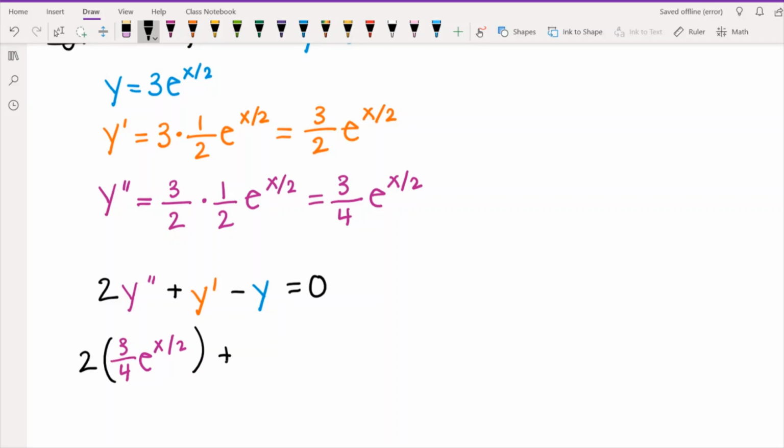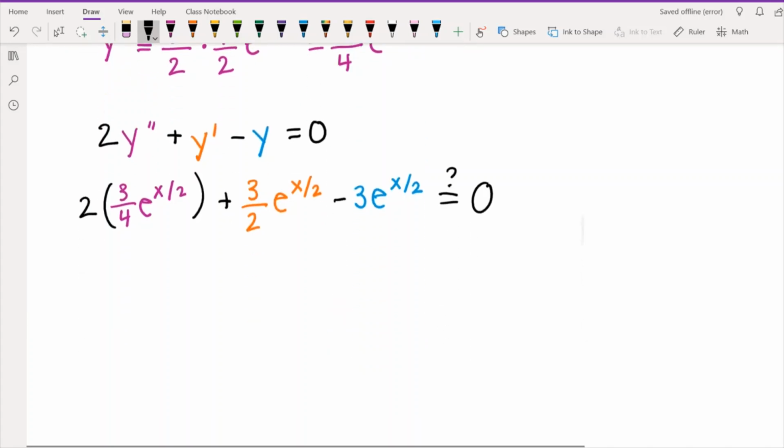And then for y prime, we got 3/2 e to the x over 2. And then for y, we had just 3e to the x over 2. And we want to check that this actually gives us 0.